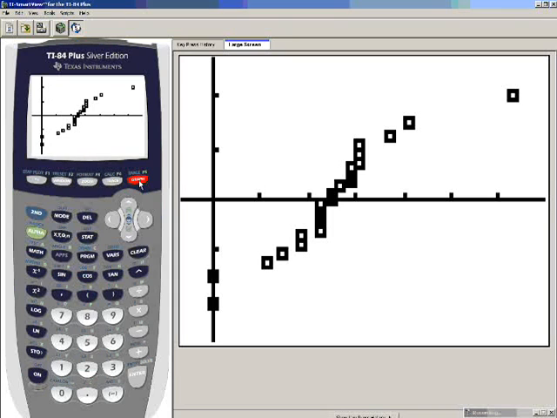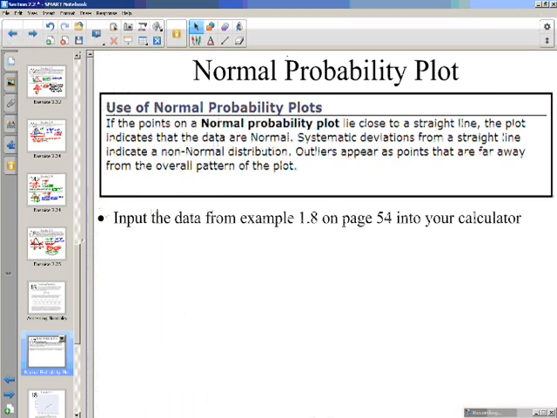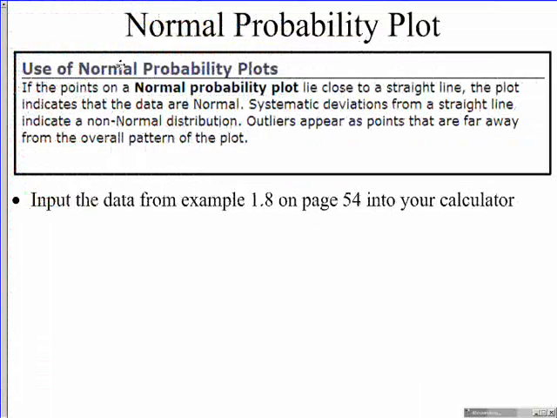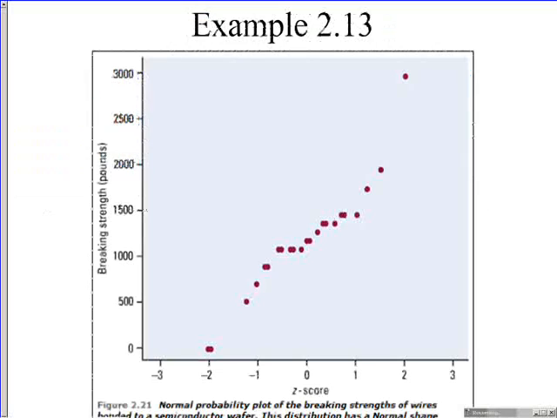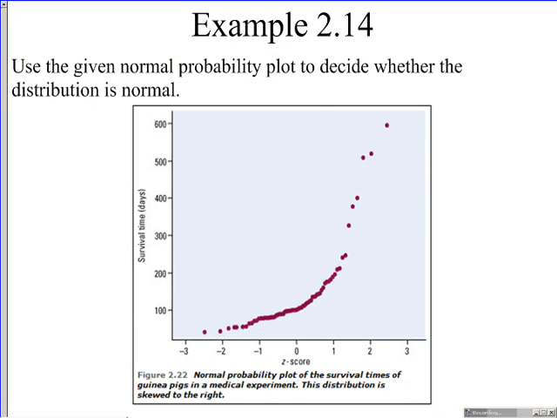Okay, so we could say from this graph that indeed this is going to be approximated by a normal distribution. There's a graph of the same thing we just saw in our calculator. Straight line relationship, so we could say that that is approximated.